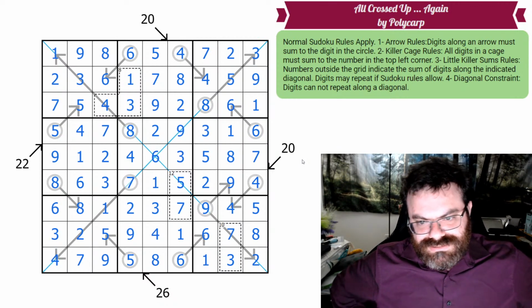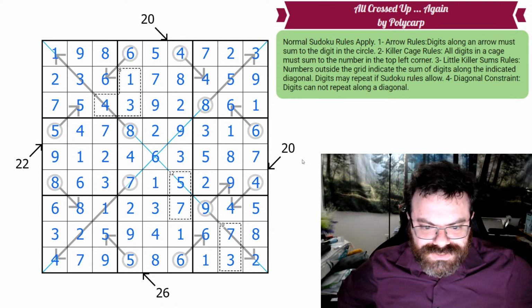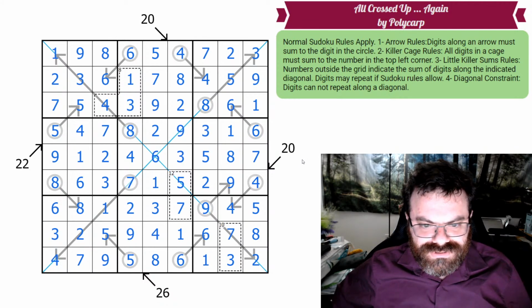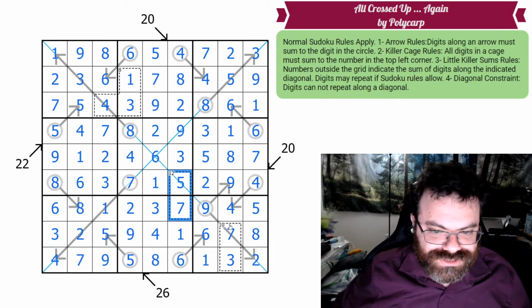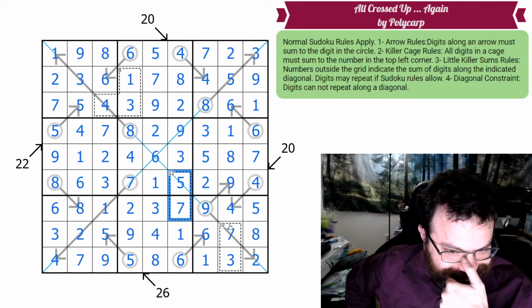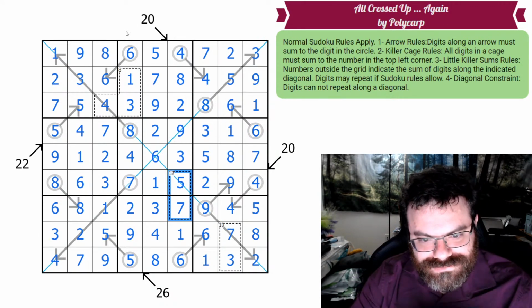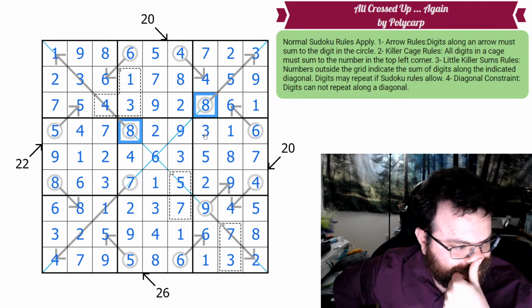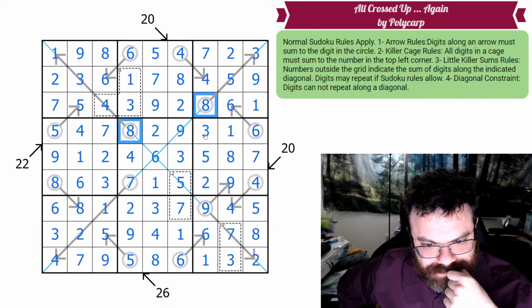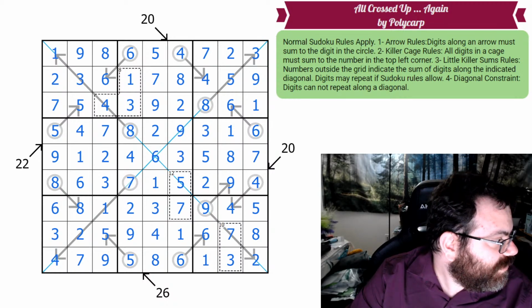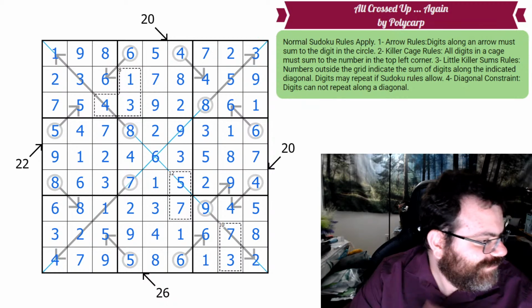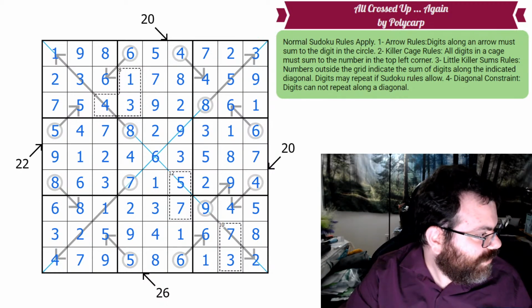Neat idea. There were a lot of interesting deductions at the start. Then it just sort of collapsed. I still don't understand how this 12 cage works. Prevented a 9 from being here. Very cool though. Right.